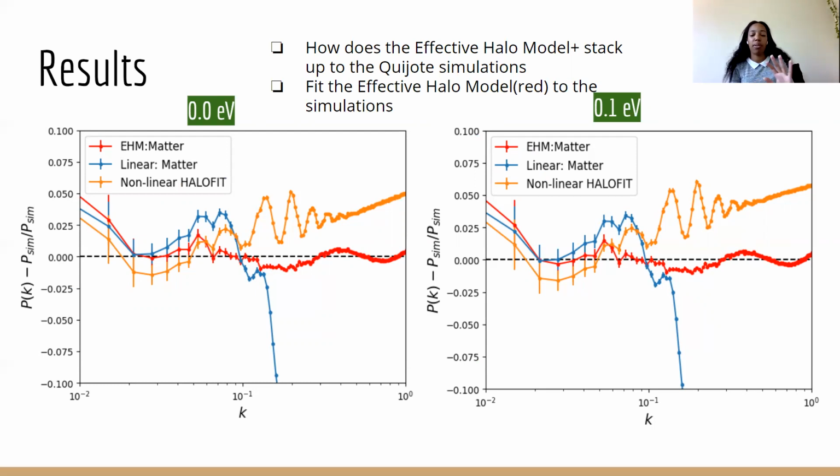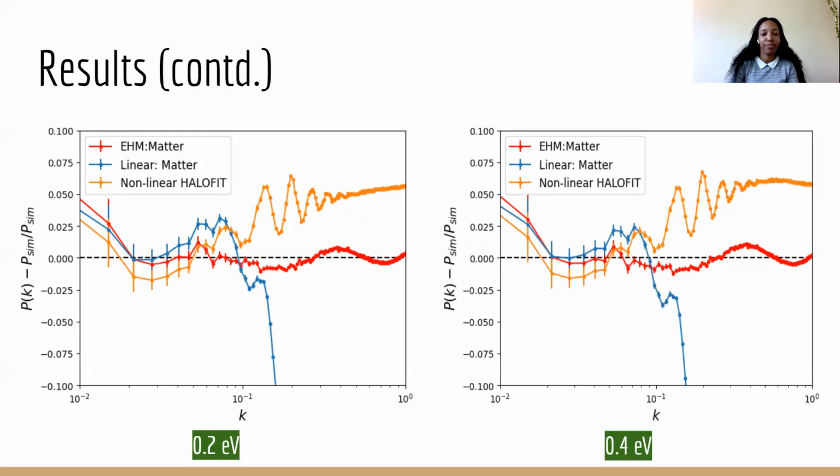And I plotted them on the graph, with the mass of the neutrino as the input parameter. I ran this program for 4 different neutrino masses: 0 electron volts, 0.1, 0.2, and 0.4 electron volts. These are the graphs that came out of that program.